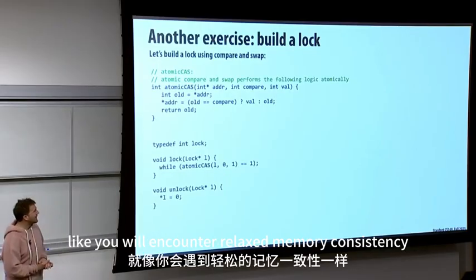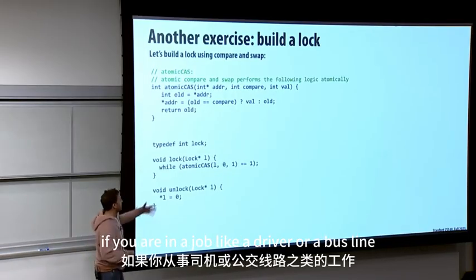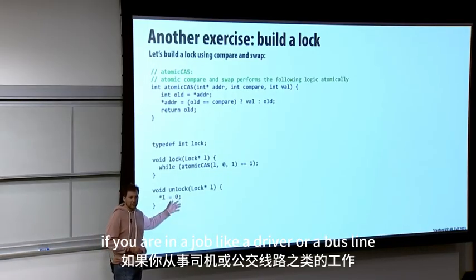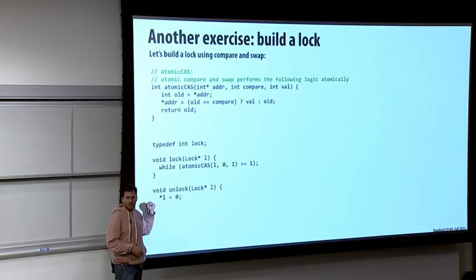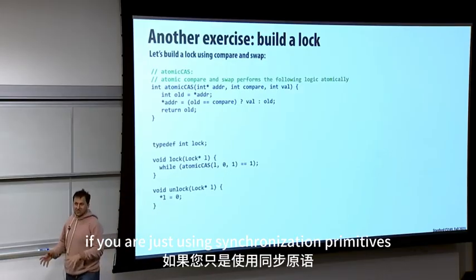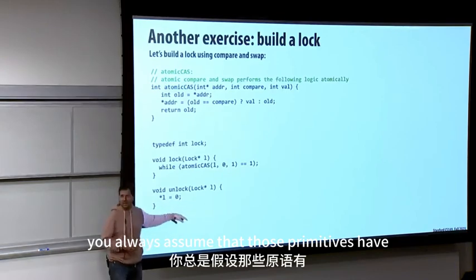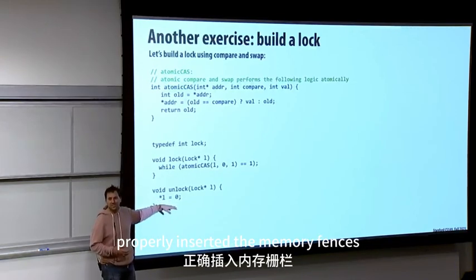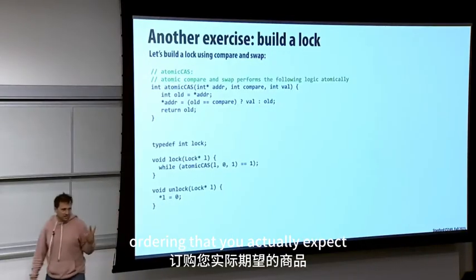You will encounter relaxed memory consistency if you are in a job like a driver or OS writer where your job is to implement synchronization primitives. If you are just using synchronization primitives, you always assume that those primitives have properly inserted the memory fences to give you the strict ordering that you actually expect.